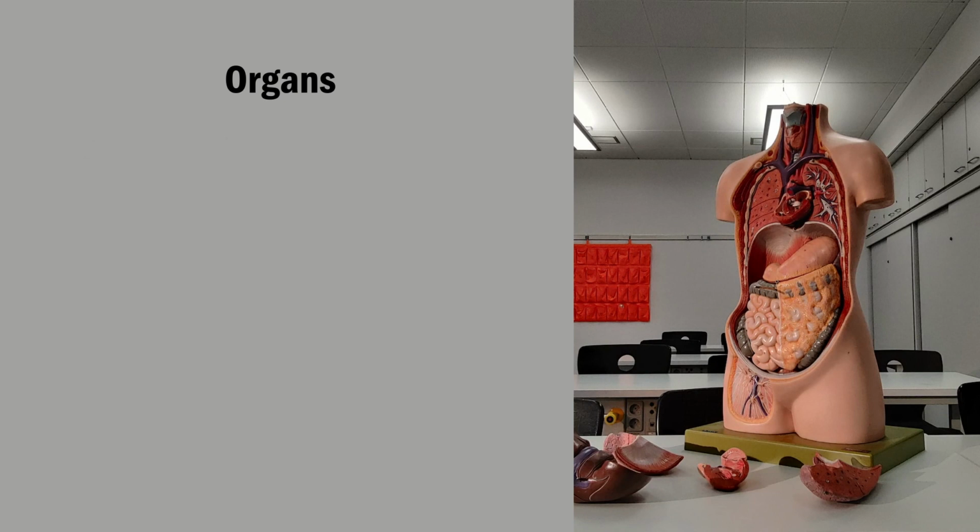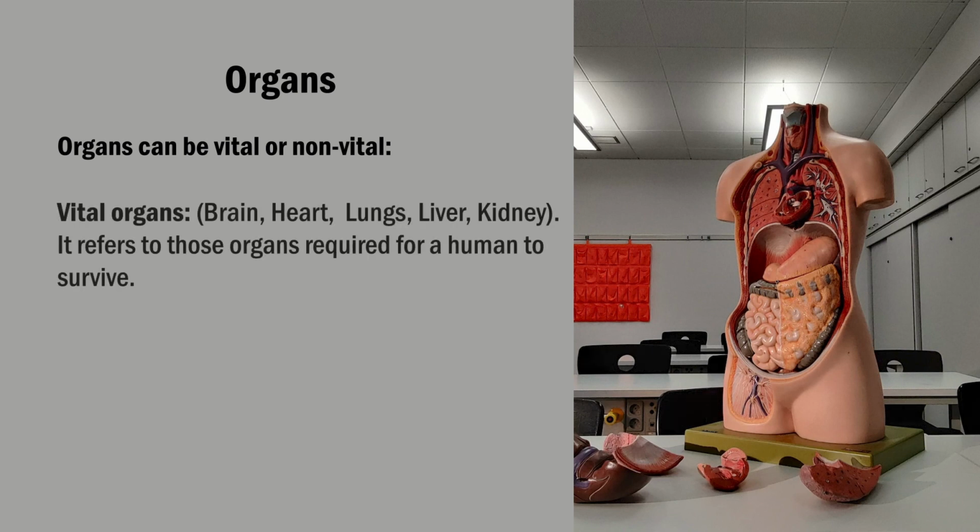Now, in this section, we will see different types of organs and organ systems present in our body. So, organs can be categorized as vital or non-vital organs. The vital organs refer to those organs which are required for a human being to survive.